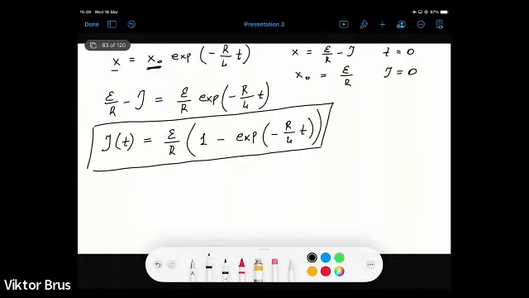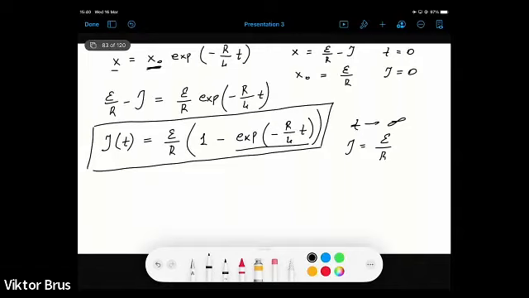If we consider some time, let's say very large, which approaches infinity, then this exponent term will be negligibly small, approaching 0, and the current will reach its stationary condition, which is epsilon divided by R. Quite obvious, because this stationary current will be determined only by the electromotive force and the resistance of the electric circuit.